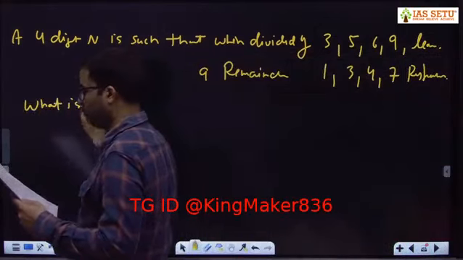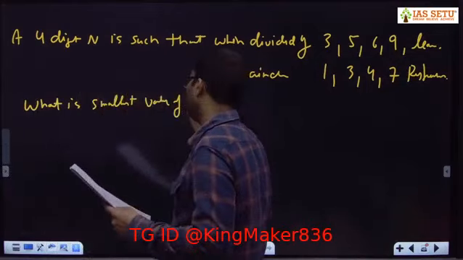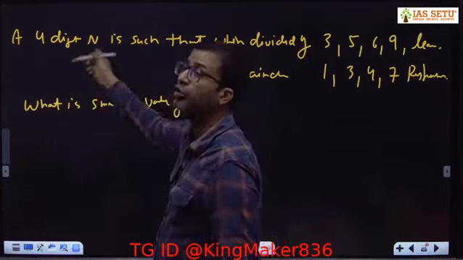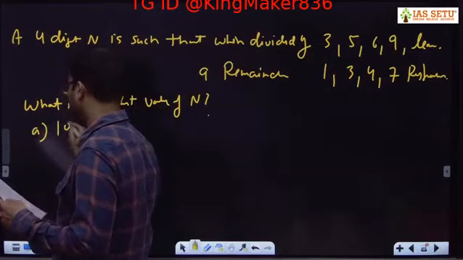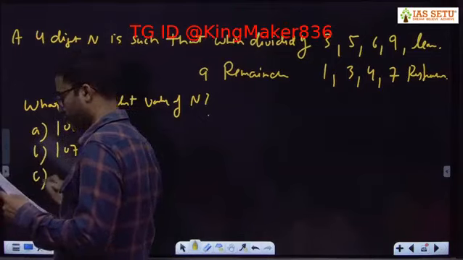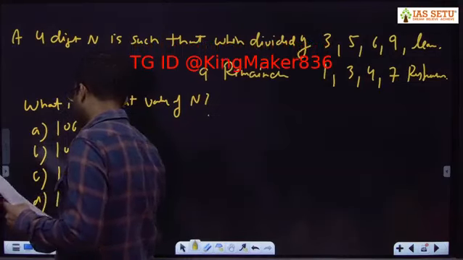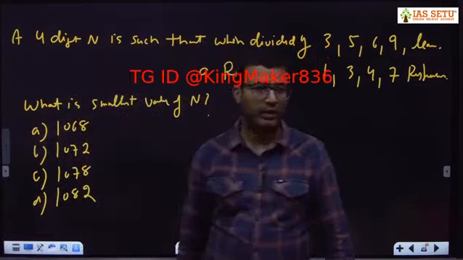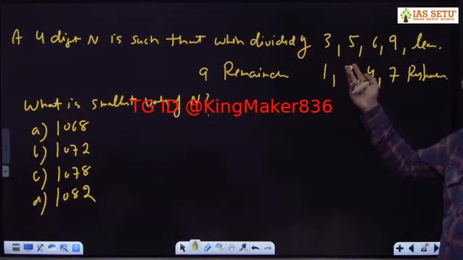What is the smallest value of n? Smallest means they are asking the smallest 4-digit number actually. Answer options are given: 1068, 1072, 1078, 1082. When divided by 3, divided by 5, what are divisible by 3?